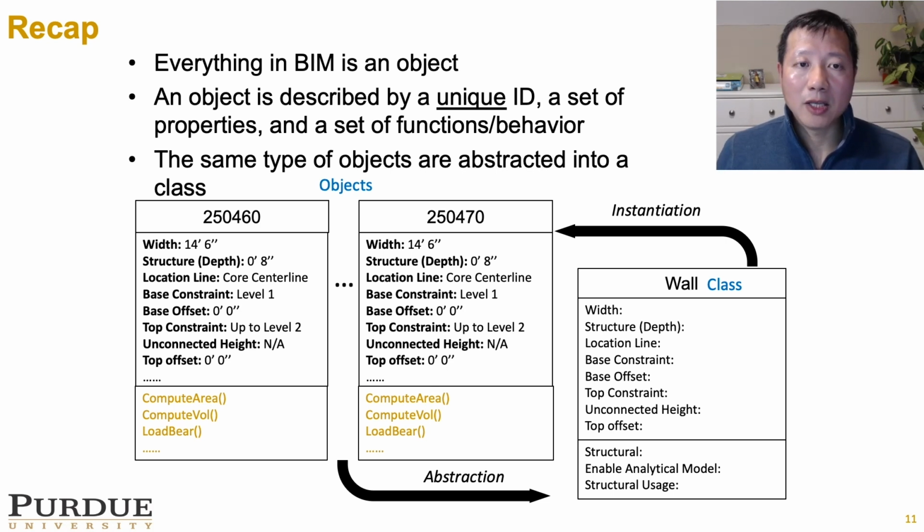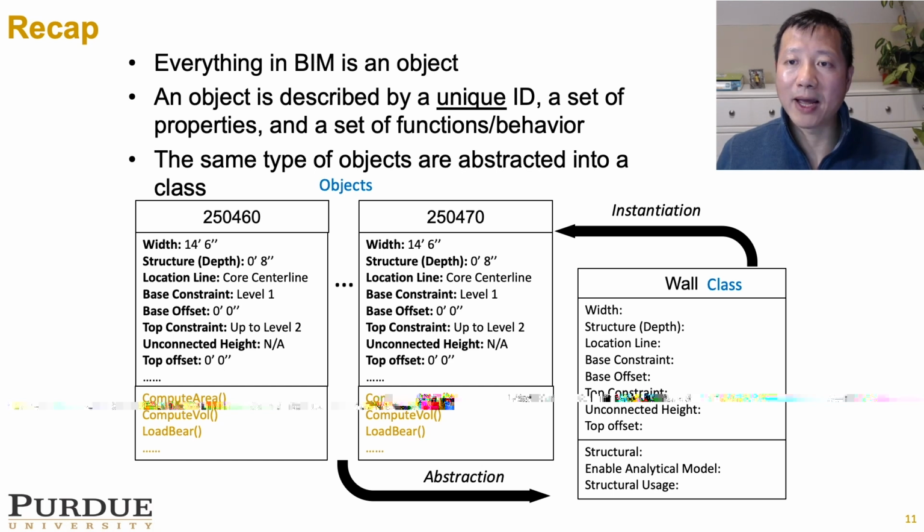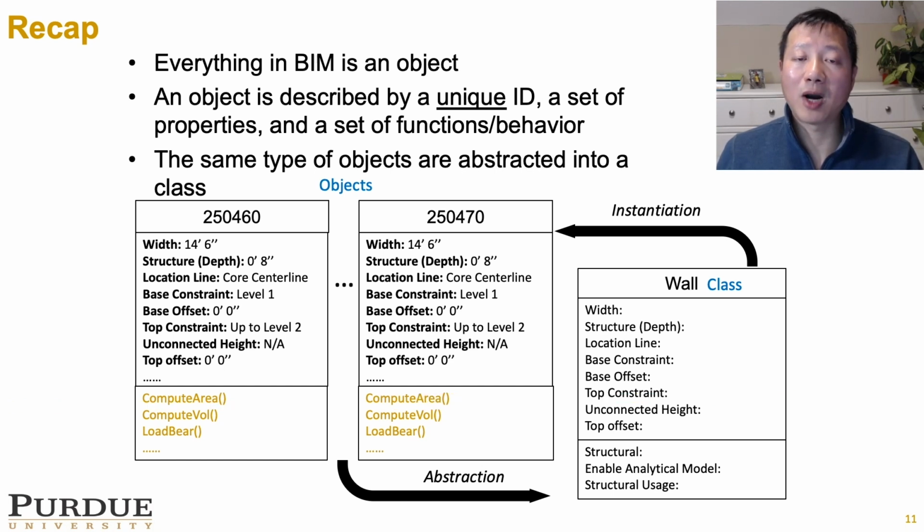In object-oriented modeling, every object is described by a unique ID, a set of properties and attributes, and a set of functions or behavior. The same type of objects are grouped together. Their common list of attributes and behaviors got extracted and put into a class, right?